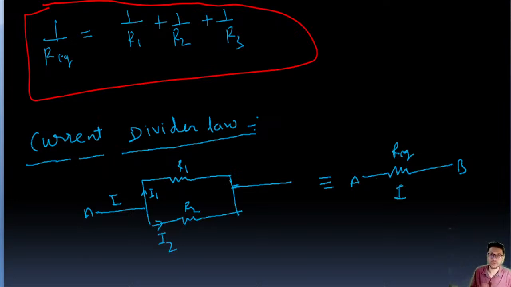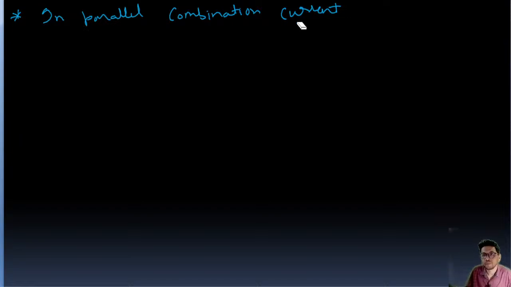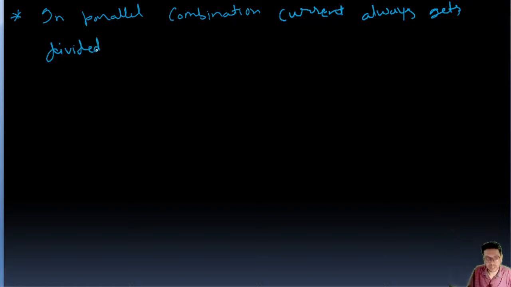Now we know in parallel combination, current always gets divided in the inverse of their resistance.